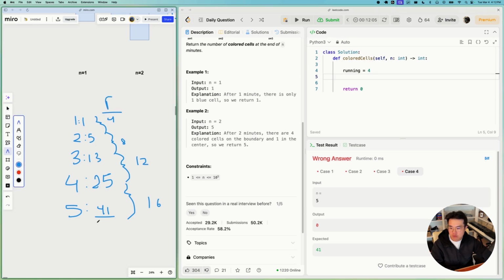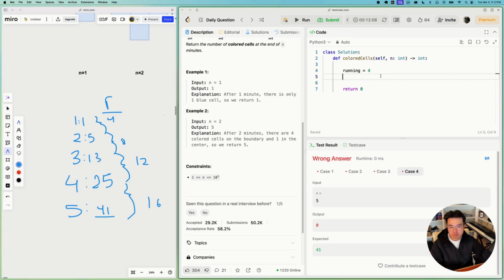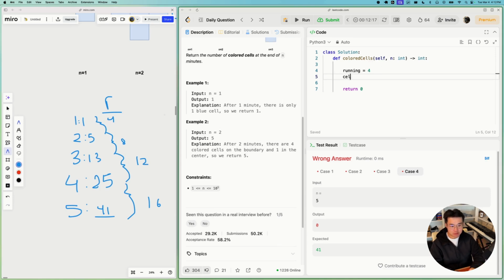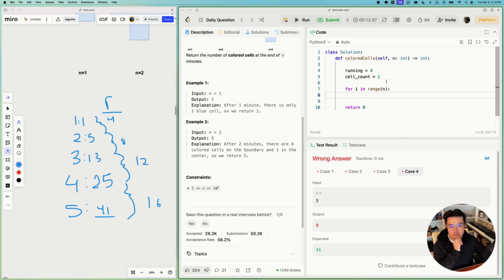And then the 1, 5, 13, 25, that's the colored cells, right? So cell count is equal to 1. Maybe I have a base case as well, well, we'll see. So for i in range n minus 1 maybe. Let me just do this and then return cell count.